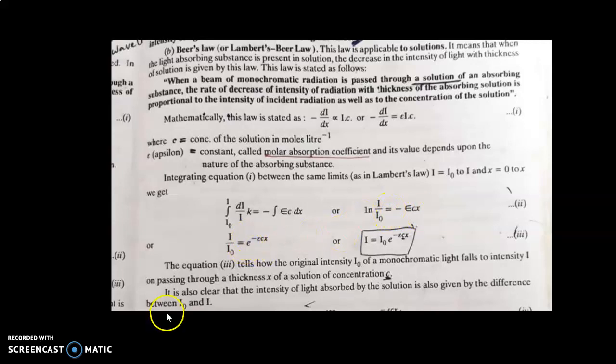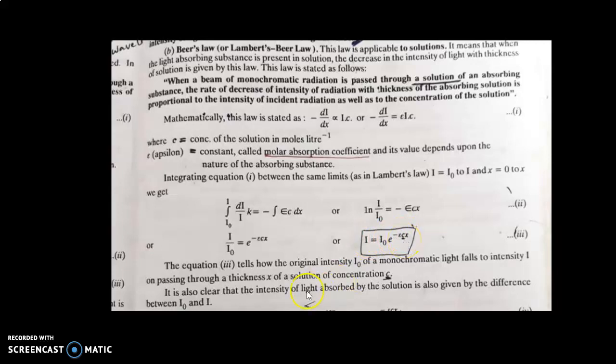Or we can raise it to the power of e: I by I0 is equal to e raised to minus epsilon cx, or I is equal to I0 e raised to minus epsilon cx. And this equation tells us how the original intensity I0 of the monochromatic light falls to intensity I on passing through a thickness x of the solution of concentration c.